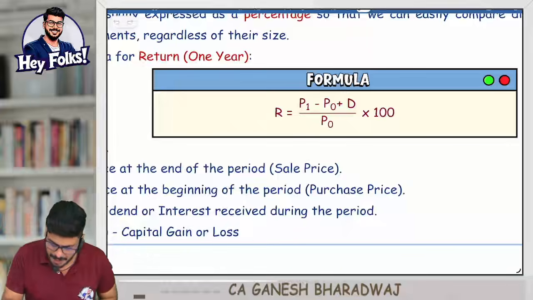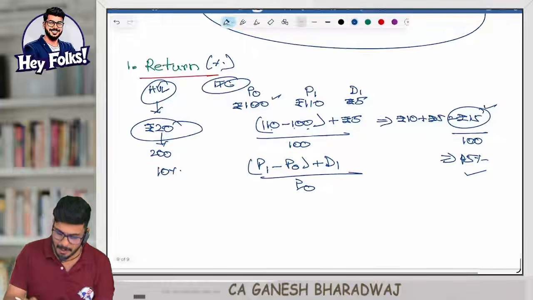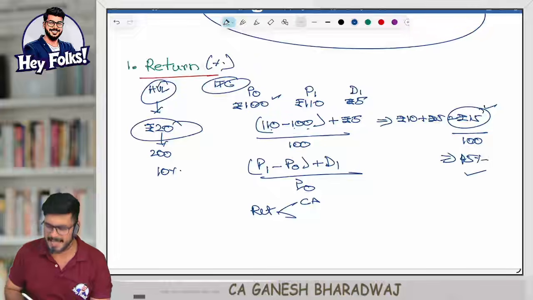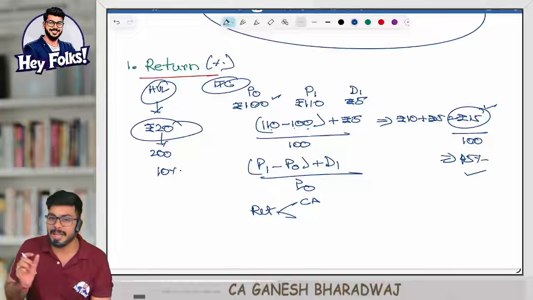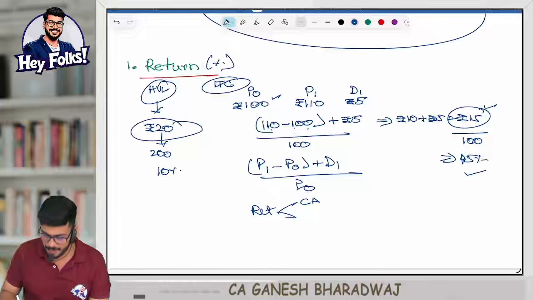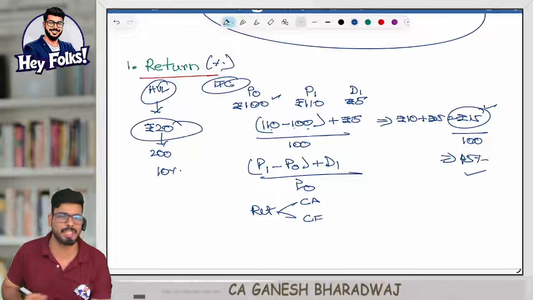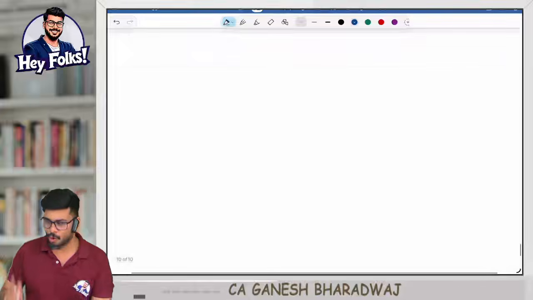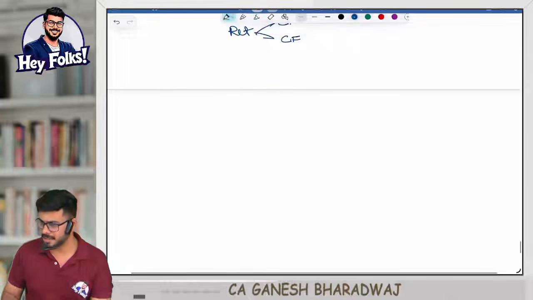Or in other words, can I say, guys, my return is made up of two components. One is my capital appreciation and the other one is, now instead of dividend, I will use a better word. I will call it cash flow. Why, sir, cash flow? You tell me, is the only security available on the planet your equity shares?